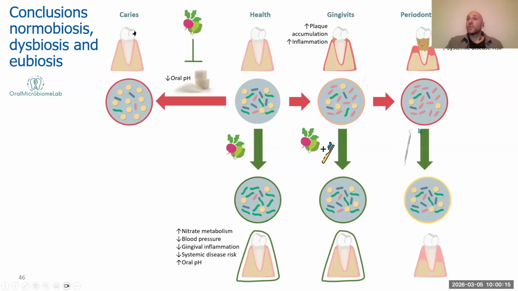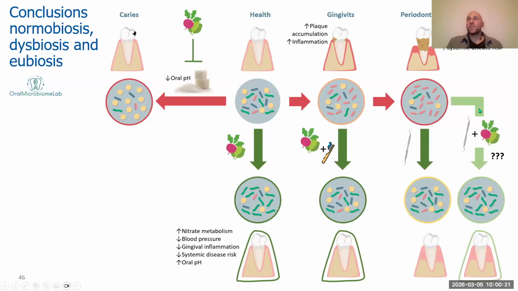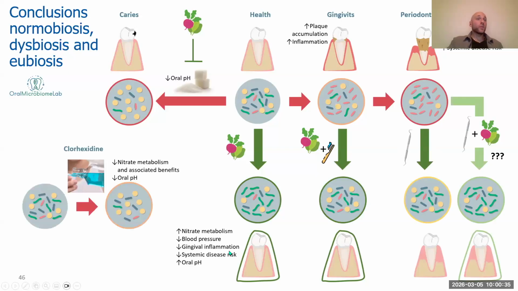And periodontal treatment also leads to a more health-associated composition of the oral microbiota, and we are now looking into the combined effect of periodontal treatment and vegetable intake. And based on preliminary data, it looks like the microbiota becomes more health-associated in the periodontal pocket. Finally, chlorhexidine usage can impair nitrate metabolism and associated benefits, and it can also decrease the oral pH.